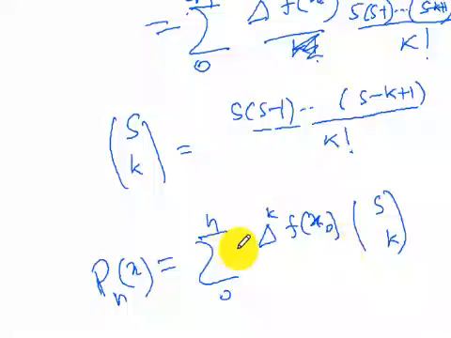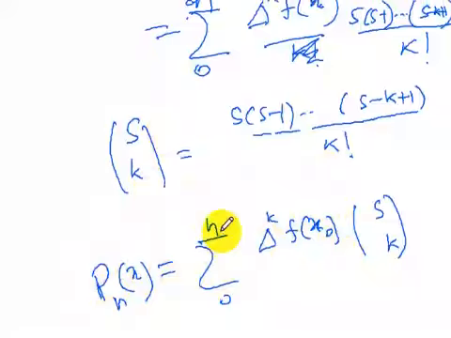So in my next video I'm going to do a small example on this, to see how you deal with an equally spaced data set. This is the derivation of that, the n degree Newton's interpolation polynomial for an equally spaced data set.